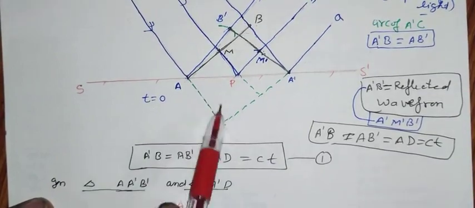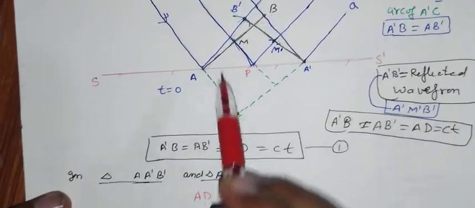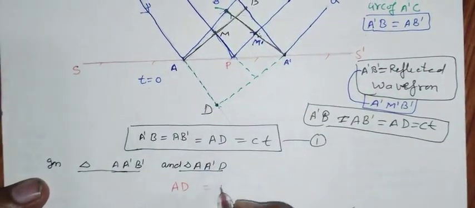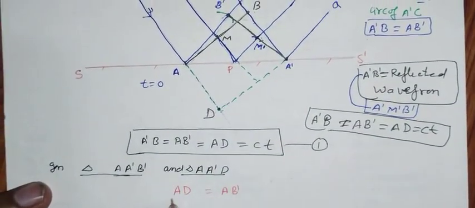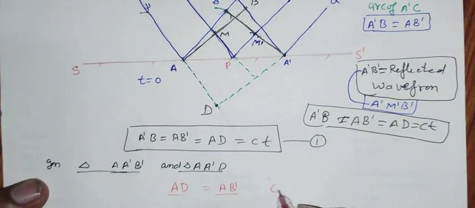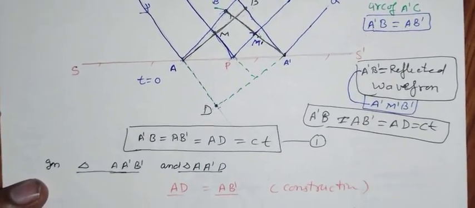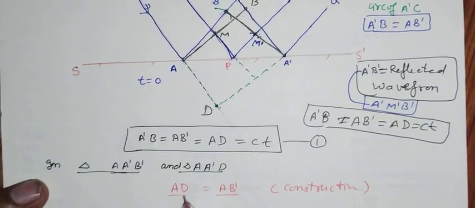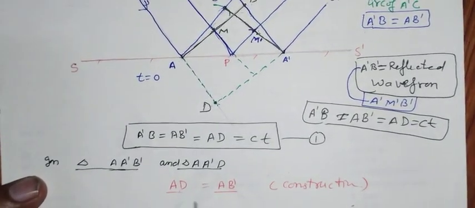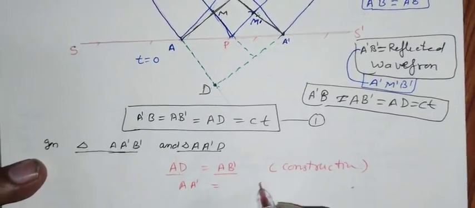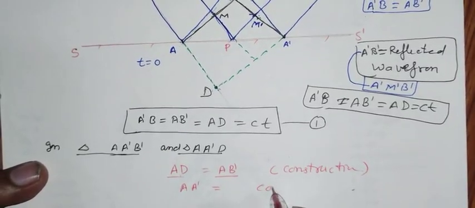A D is equal to A B dash. The reason is from construction, right? Second thing, A A dash is common in both.